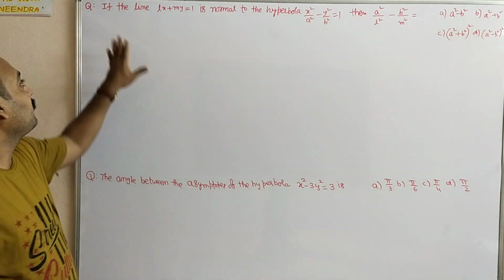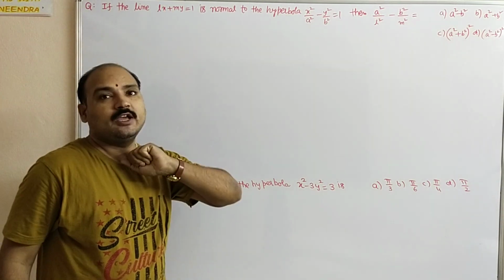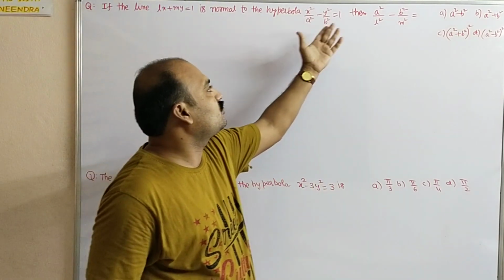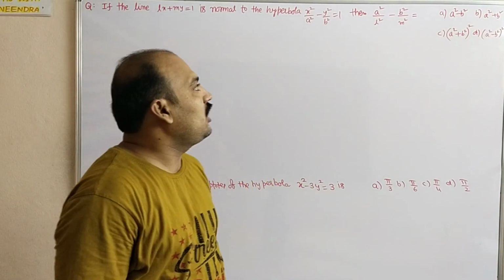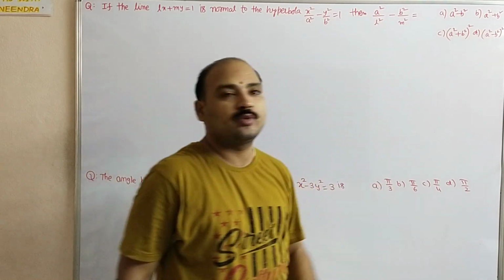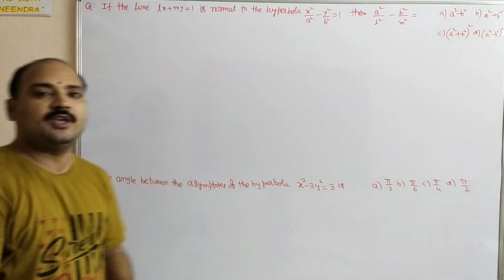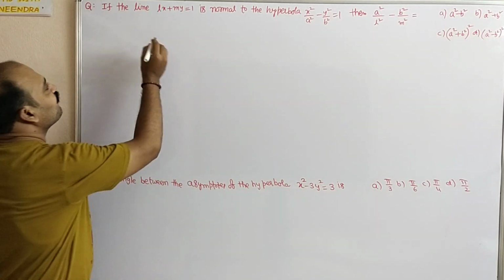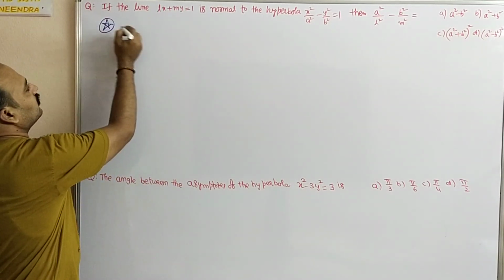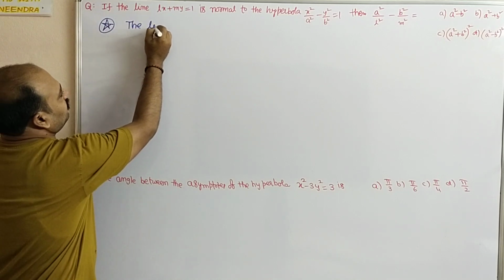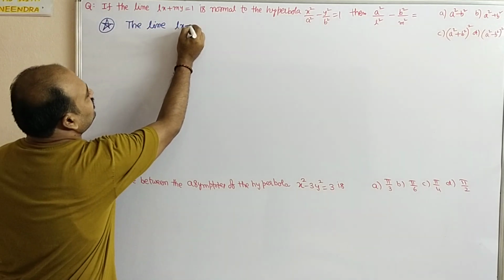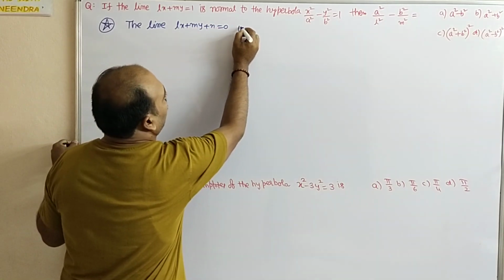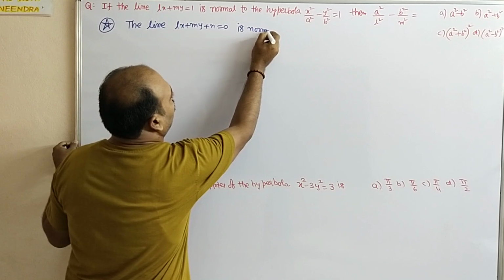The next question. If the line Lx plus My equal to 1 is a normal to the hyperbola x square by a square minus y square by b square equal to 1, then the value of a square by L square minus b square by m square equal to. See here we have one important formula, a standard result. The line Lx plus My plus n is equal to 0 is normal to the hyperbola.